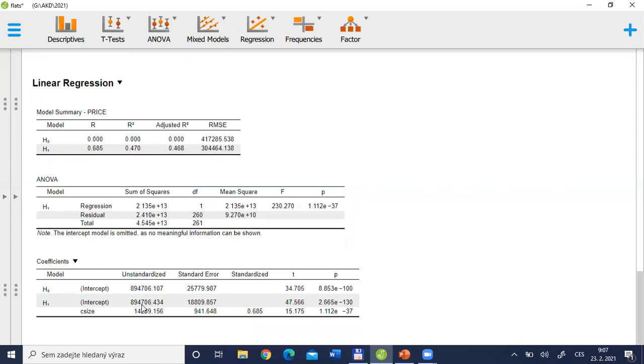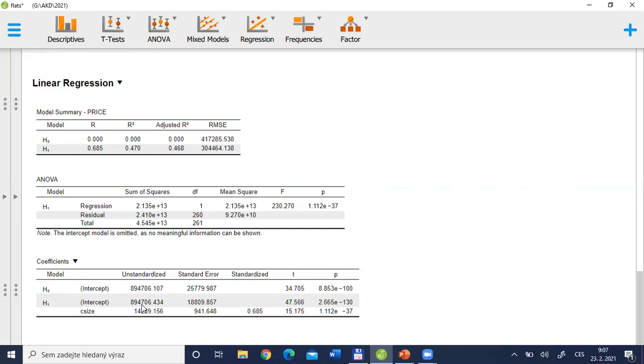What is the meaning of this value? Yeah, it's a price for the average flat. Yeah, it's an estimation of the price for a flat with average size. That's nice. Now it's possible to interpret the intercept, so we are happy and we can follow this.